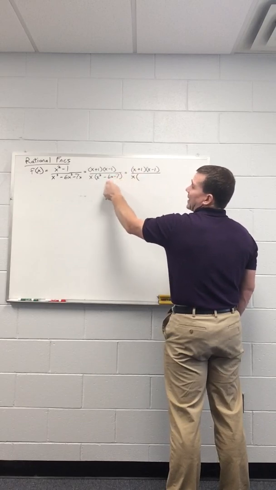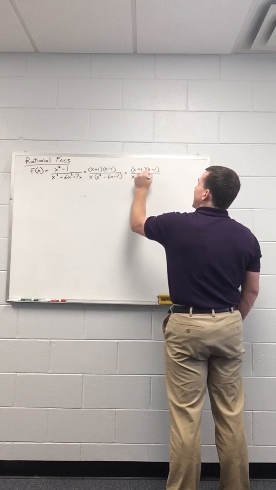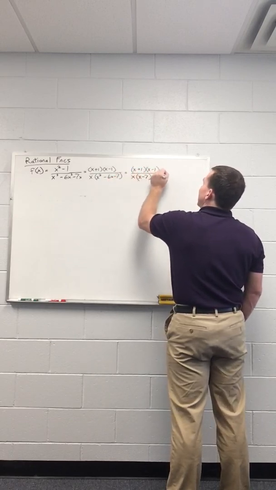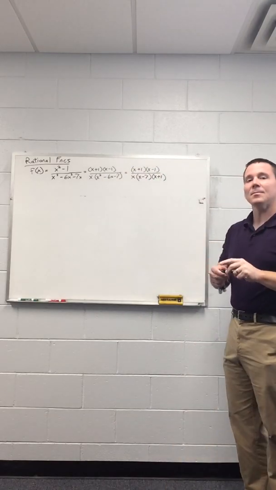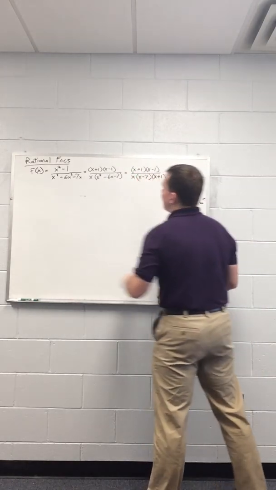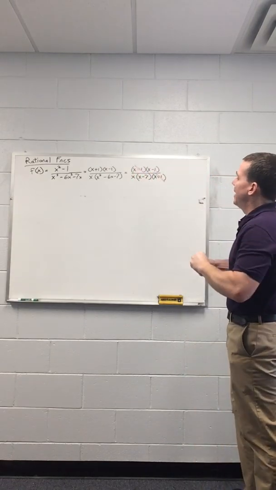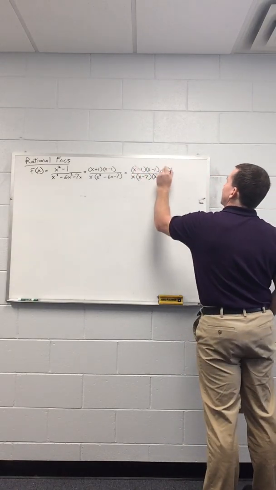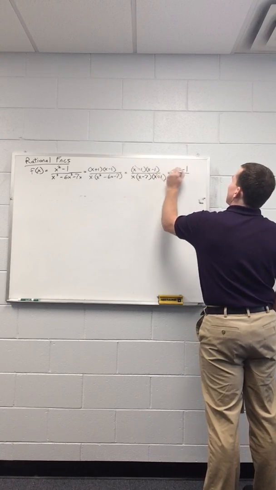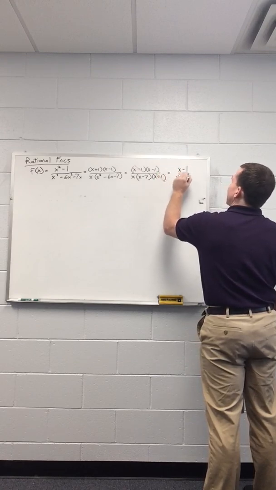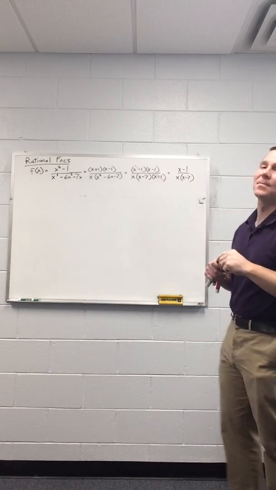Two numbers that multiply to negative 7 that add to negative 6. That's x minus 7, x plus 1. And now we see once it's in factored form, I can cancel out the x plus 1s. And in lowest terms, it's x minus 1 all over x times x minus 7.